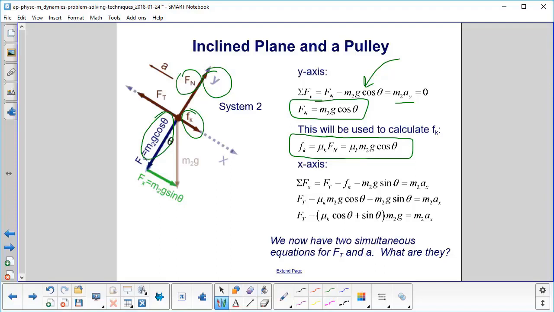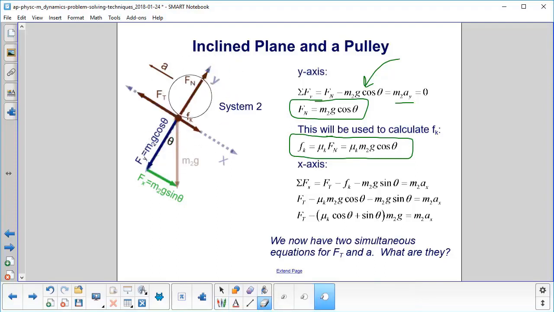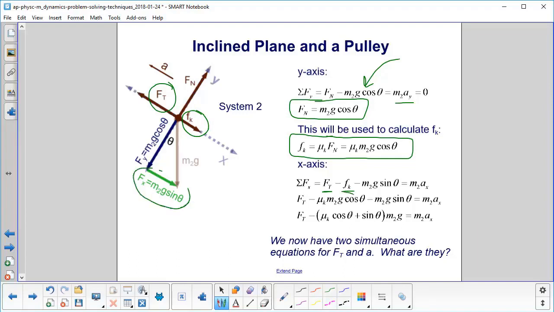Let's go to the x-axis. And let me just erase this so I can highlight the x direction forces. Well, we have tension in the direction of the acceleration, so that's positive. We have kinetic friction opposite acceleration, negative. And we have the gravitational force in the x direction opposing the motion, so that also gets a negative.